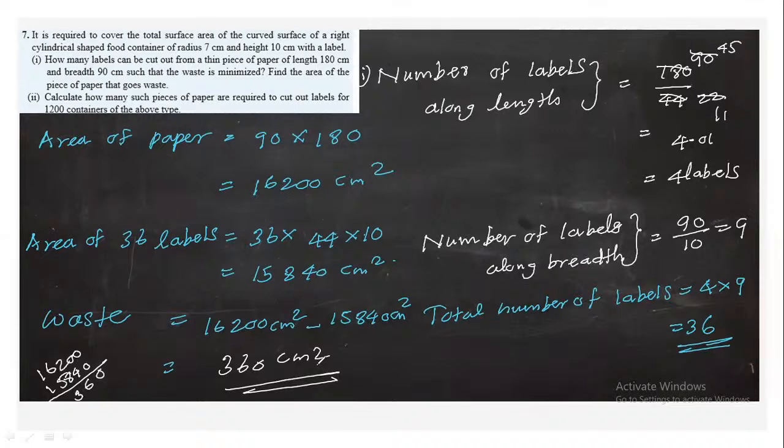Then calculate how many such pieces of paper are required to cut out labels for 1,200 containers. It means how many such pieces of paper we need. We can write 1,200 divided by the number of labels one sheet of paper gives, which is 36. You have to divide it by 36.